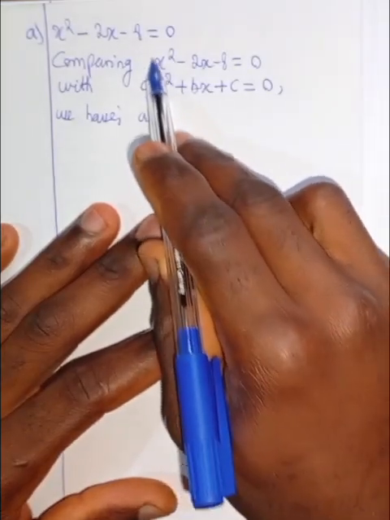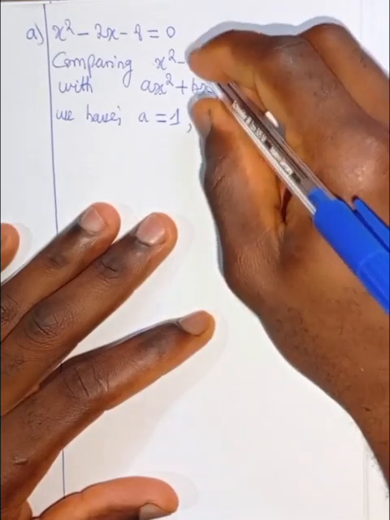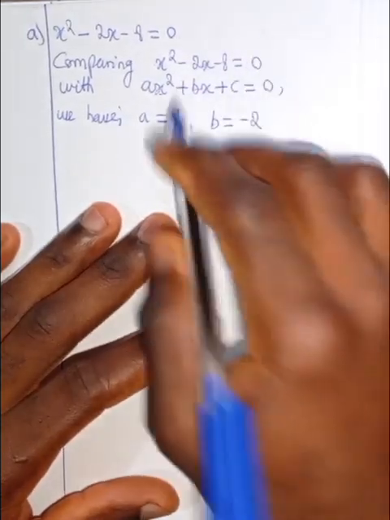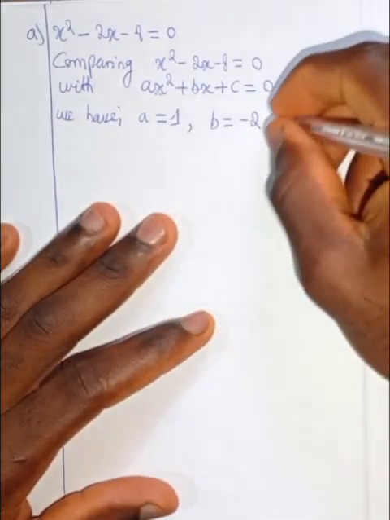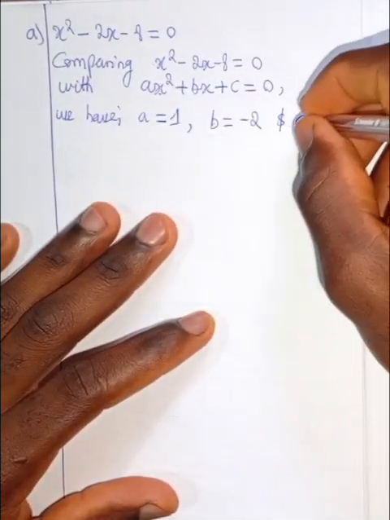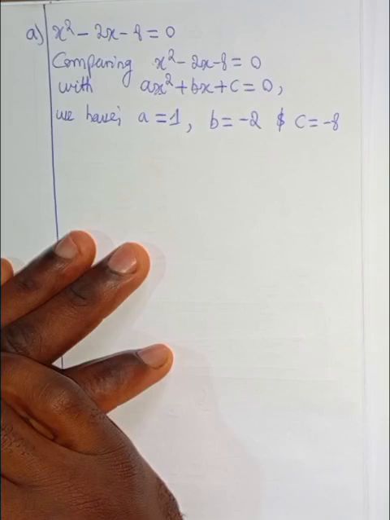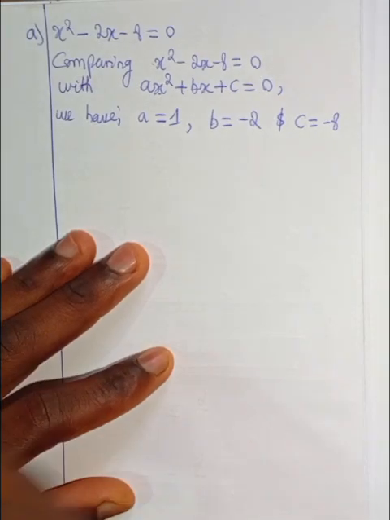So a is the coefficient of x squared, which is 1. B is the coefficient of x, which is negative 2. You take note of the sign. It is very important. And lastly, the constant term c is equal to negative 8. We are simply going to replace a, b, and c in our quadratic formula. Then we proceed with simplifications.